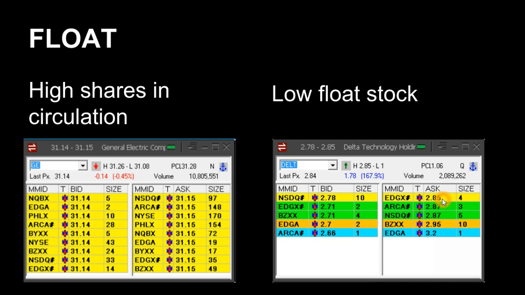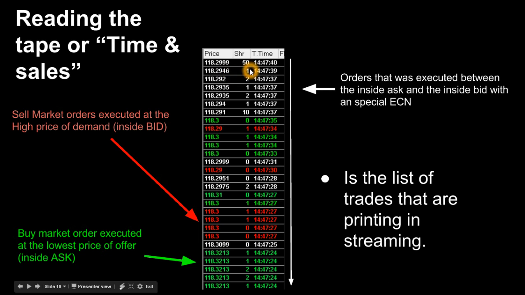These types of executions are the least important because they don't move the stock. The ones that move it are these 2, the green and the red prints.